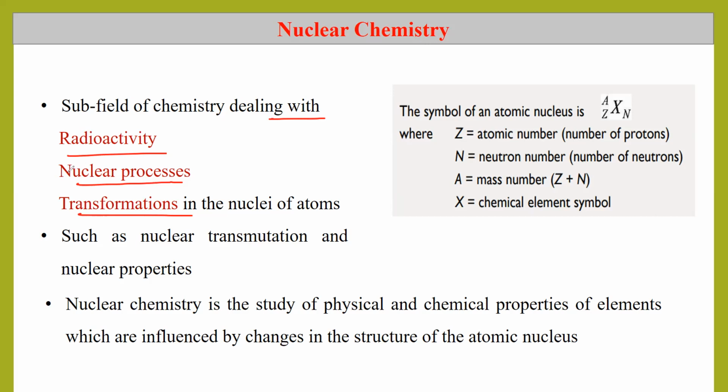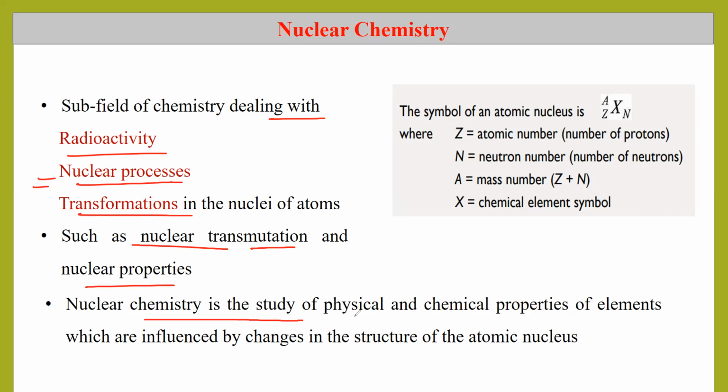Then nuclear processes means nuclear reactions, nuclear fusion reactions. Transformation means the formation of new nuclei. We have parental nuclei, and then it is converted into another nuclei, that is transformation or transmutation. These are nuclear transmutation and nuclear properties.